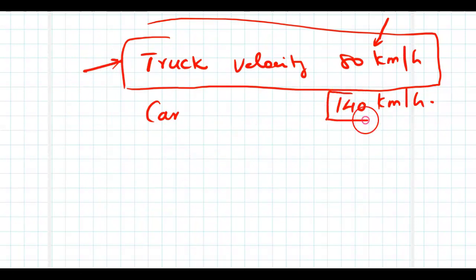Here it has less speed, less velocity. It is because the mass of the car compared to the truck is less, so the impact will be less. So that is the reason they are not allowing the truck to increase its speed, because the momentum will be greater.